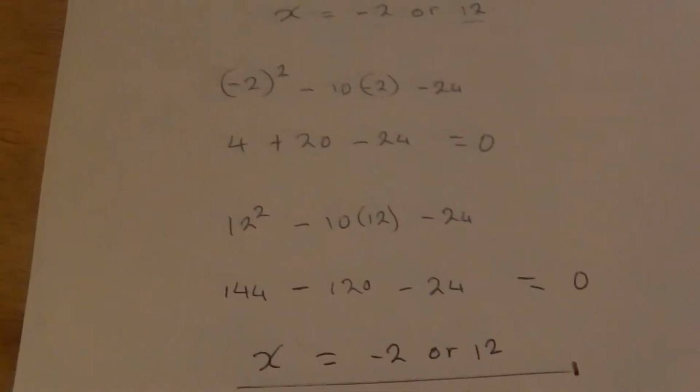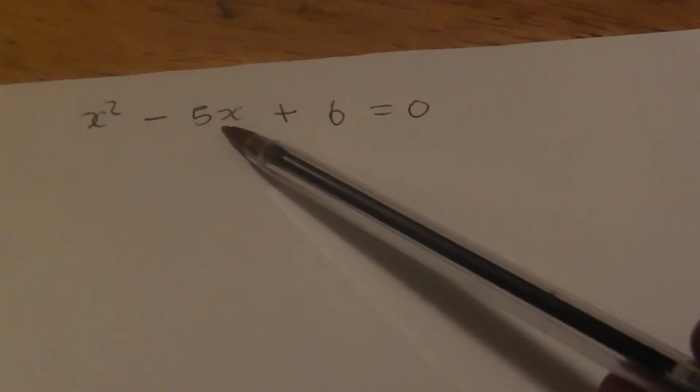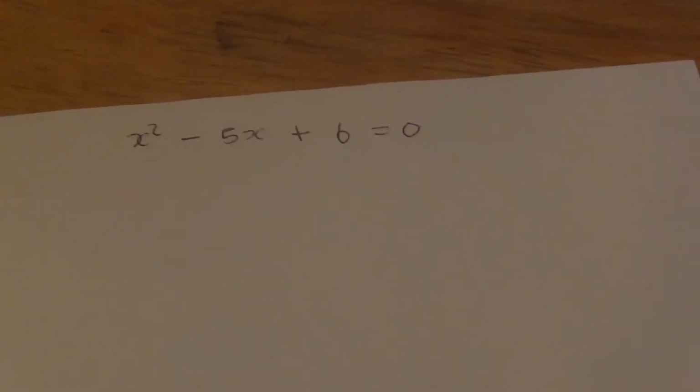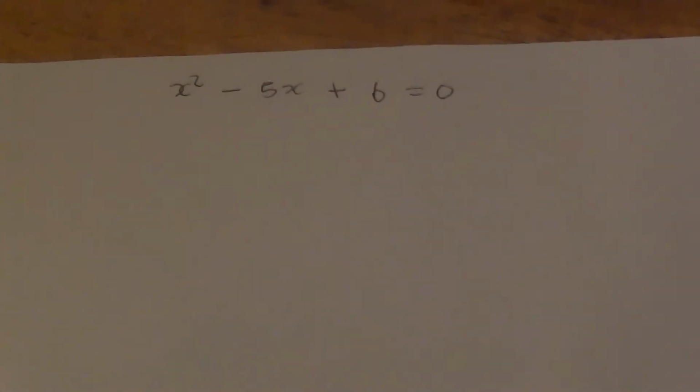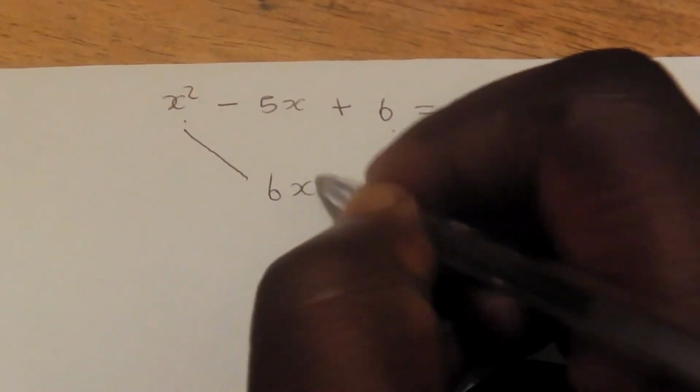Okay, so this is another scenario. Then let's look at the last scenario, when only the middle term, the term with x here, is the one that is a negative value. So just like with the last examples that we did, we multiply the first term and the last term. So it will be 6 times x squared, which is 6x squared.